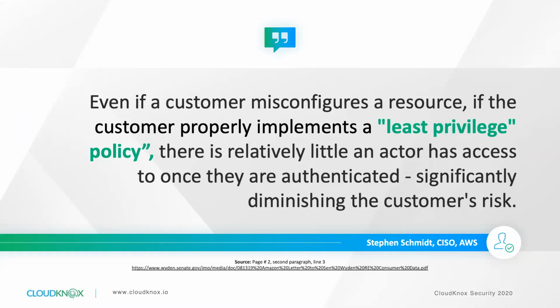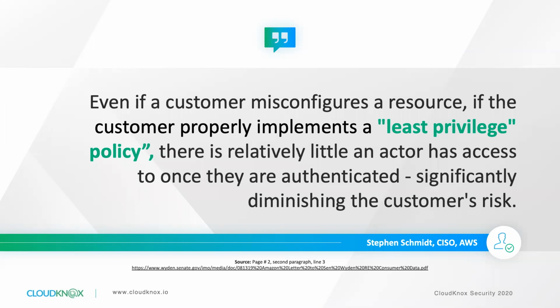So taking a step back for a moment, we can reflect upon this based on a quote that came out of what Stephen Schmidt, CISO at AWS, had provided to a senator last year. And that is, even if a customer misconfigures a resource, whether it be a firewall or something else, if the customer properly implements a least privilege policy, there is relatively very little that an attacker has access to once they are authenticated, and therefore significantly diminishing the customer's risk.